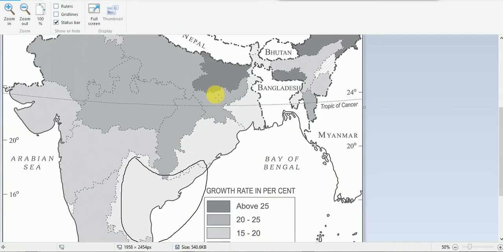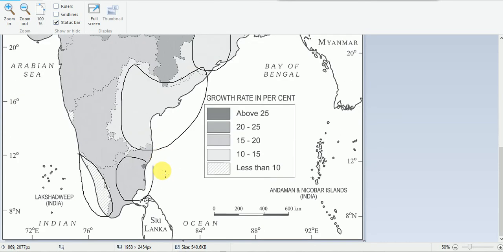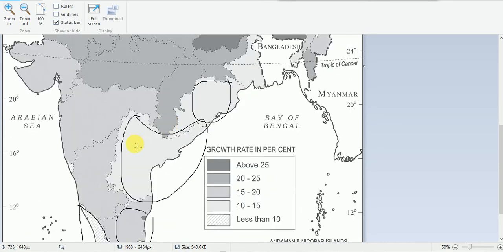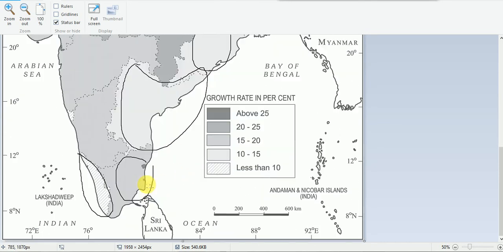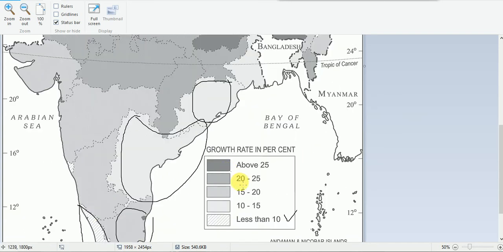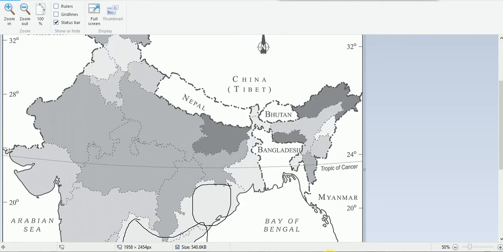Orissa is here, then Puducherry also, a Union Territory, and all these have a low growth rate. Kerala, for example, has less than 10%, and others between 10 to 15, that is less than 20.